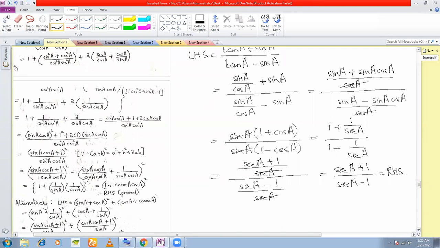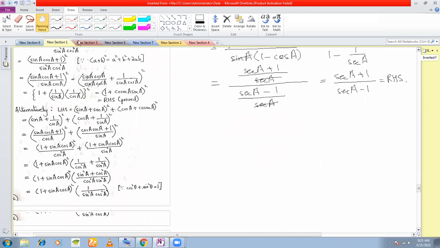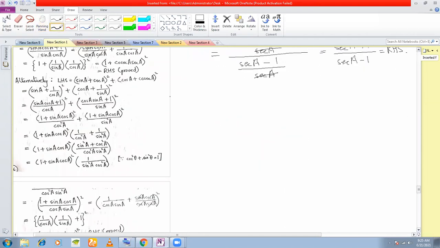Moving on to the next sum, 31. The question here is, if sin theta plus cos theta is equal to root 2 sine 90 degree minus theta, show that cot theta is equal to root 2 plus 1.